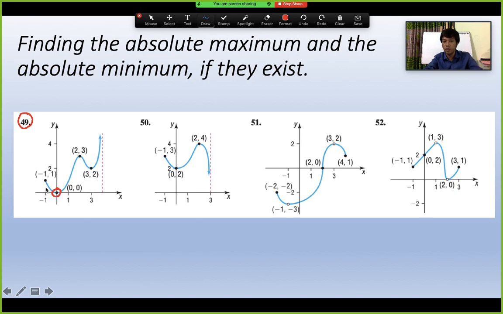We know for sure because in the graph there are no other points lower than this point. So this is the absolute minimum point. Okay, so absolute minimum is f of 0 equals 0.